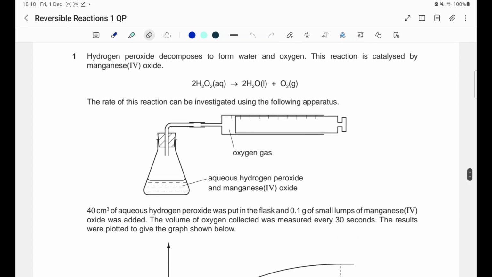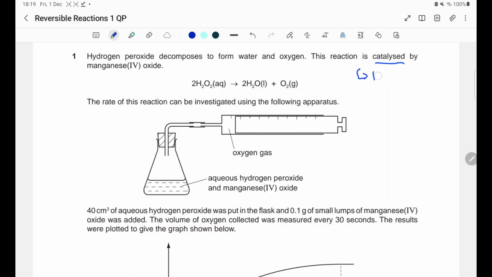Okay, let's get started. Hydrogen peroxide decomposes to form water and oxygen. This reaction is catalyzed by manganese oxide. So let's remember what a catalyst does.